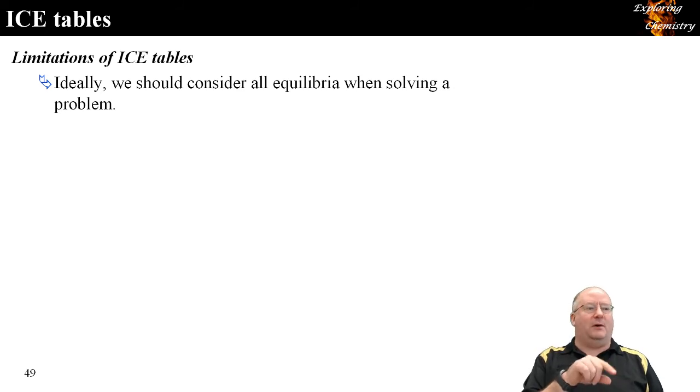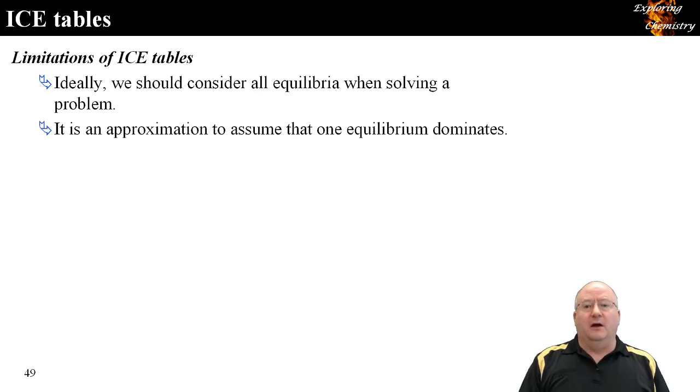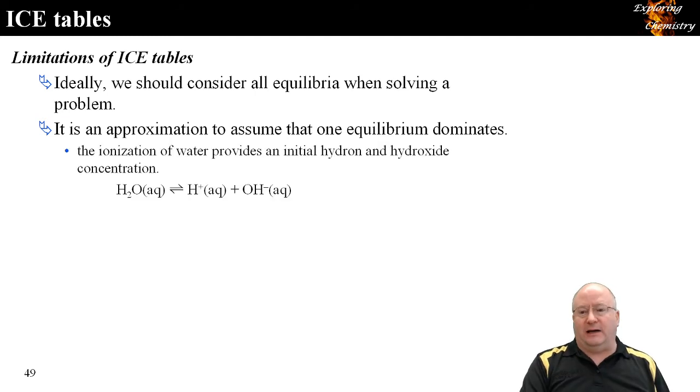I don't understand why that happened, but that's interesting. That's how science advances, because we don't understand everything that's going on there. And the other one is it's computationally impossible in many cases to consider all of those equilibria. That leads us to a point that it is an approximation to assume that one equilibrium dominates through the reaction.